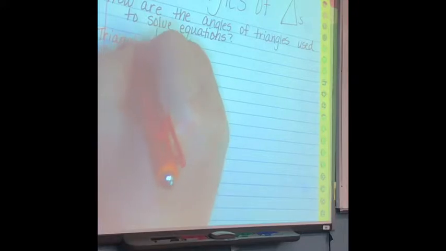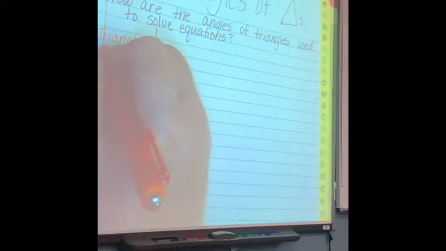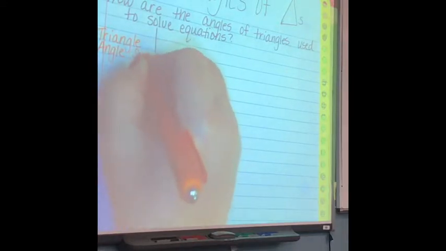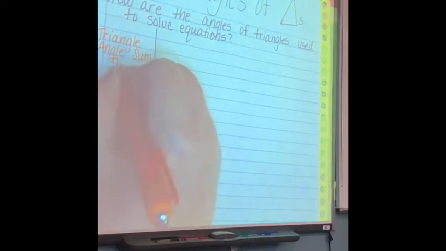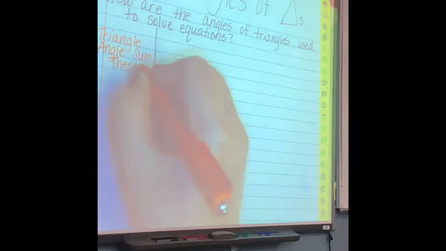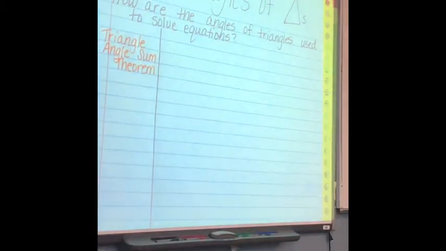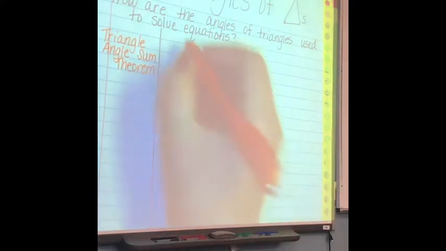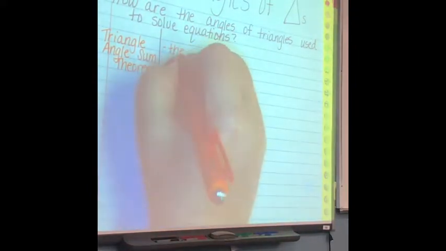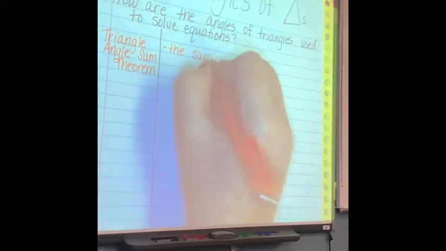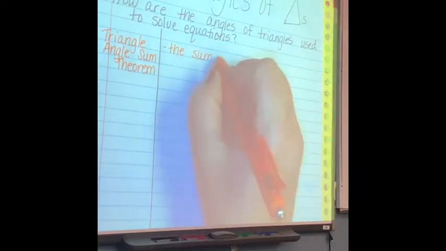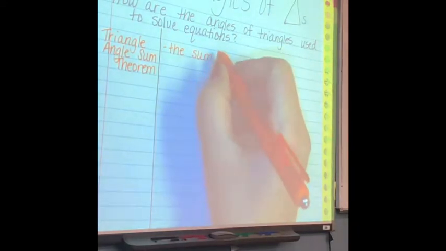It's called the triangle angle sum theorem. And it says that the sum of the measures of the angles of a triangle equal 180 degrees.